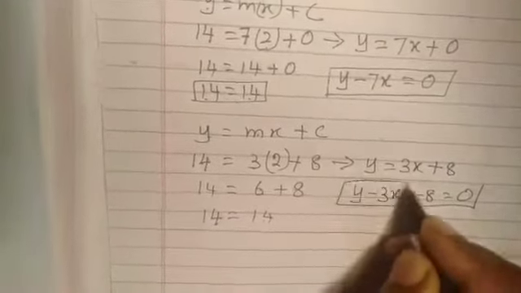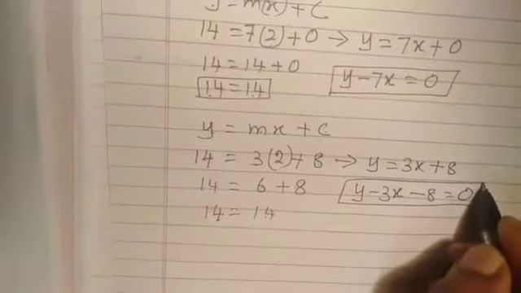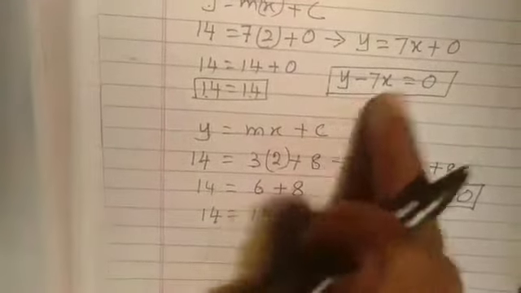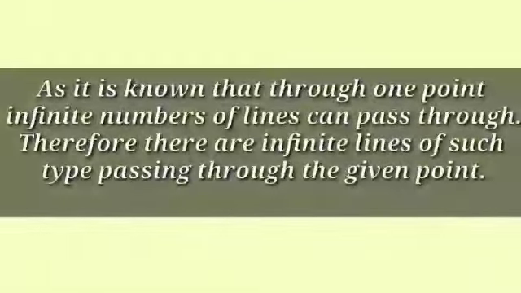This is our third equation. Like this, you can form many equations for this point 2, 14. As it is known that through one point an infinite number of lines can pass, therefore there are infinite lines of such type passing through the given point.